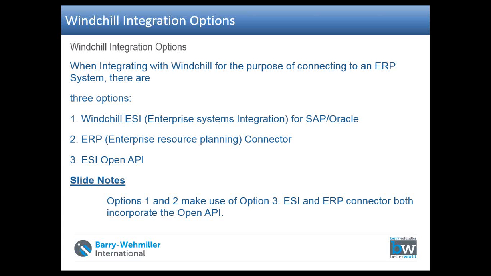It's out of the box and available with Windchill. We have to process whatever it provides in XML format. And the third one is ESA Open API, to customize our requirements, to make use of either the first or the second option, ERP connector.